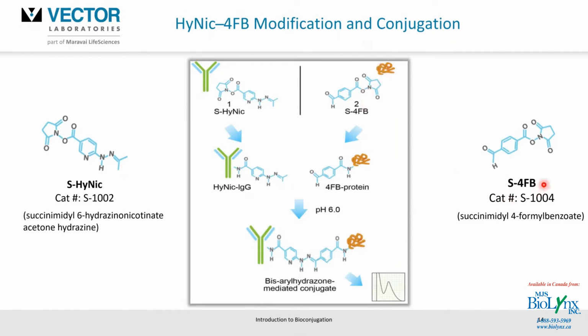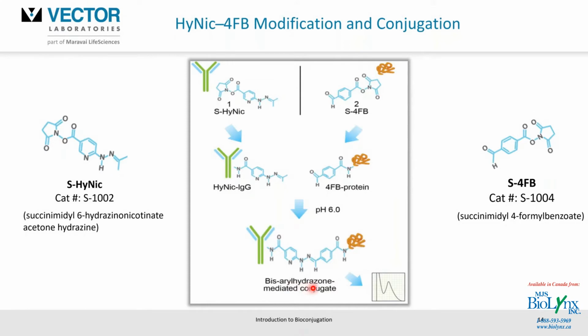Some of you might be looking at this 4FB molecule and thinking, hey, didn't we see that on the glutaraldehyde? And the answer is yes, you did. This is actually an aromatic aldehyde that links to an aromatic hydrazine, and under certain conditions, once they're bound to their given targets, they give you this particular bioconjugate.